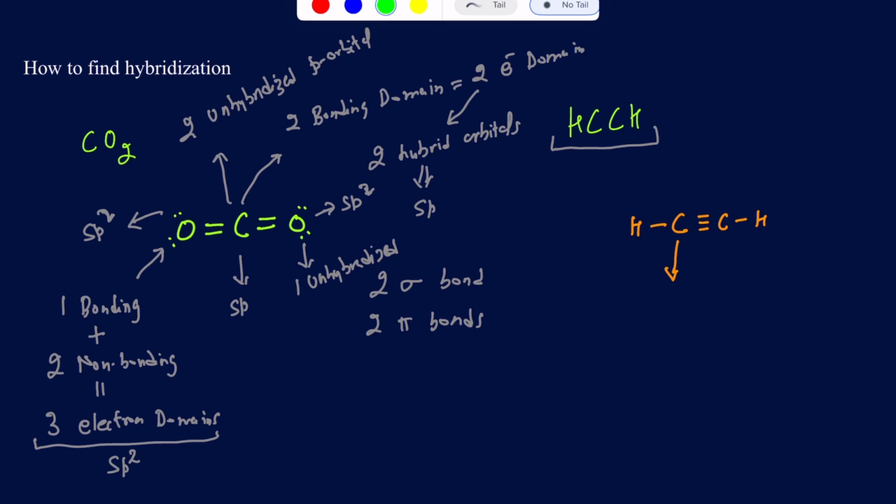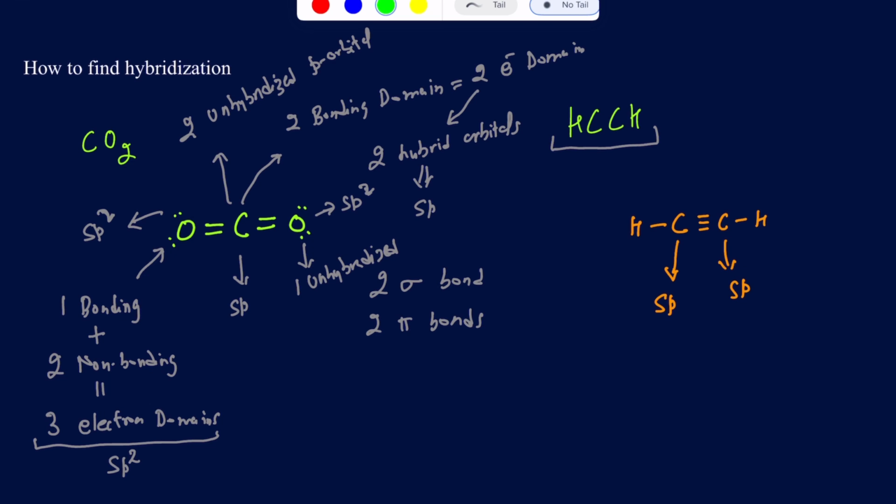Since I only have two electron domains in total, made of only the two bonding domains, there are no lone pairs or non-bonding electrons on the carbons here. So this tells me I only need two orbitals to be hybridized, and for that reason this carbon is going to be sp, and this carbon is also going to be an sp hybrid carbon.